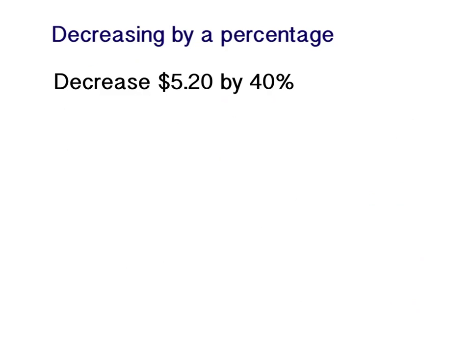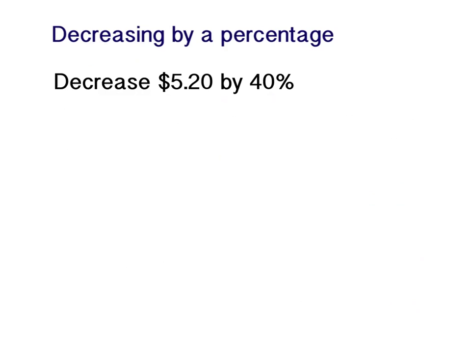Now let's have a look at decreasing by a percentage. You've got a top and it's $5.20. It's in the bargain basement bin, and it says today only a further 40% off. So you need to decrease $5.20 by 40%. How would you do that? $5.20 is 100% of its value at the moment, and I need to decrease it by 40%.